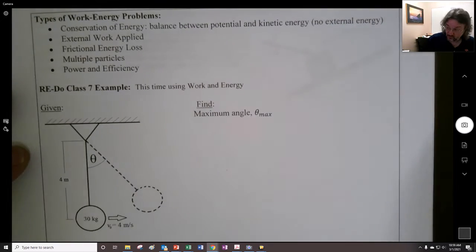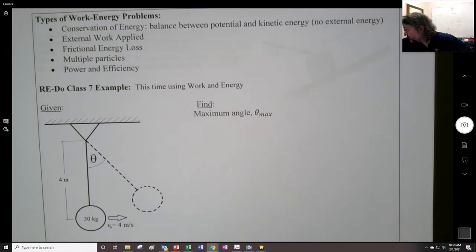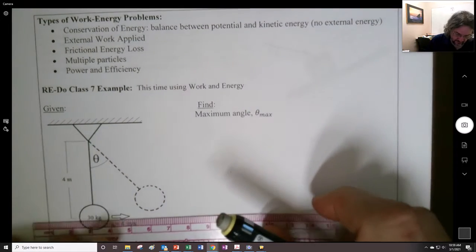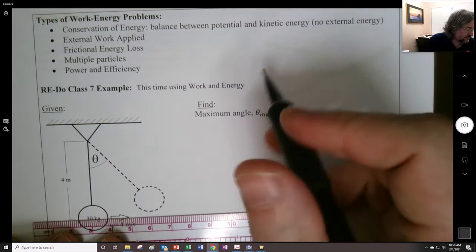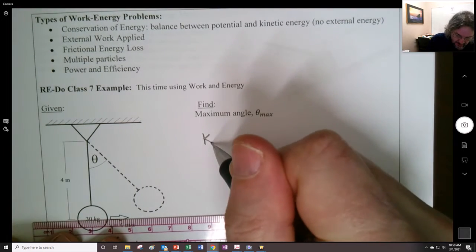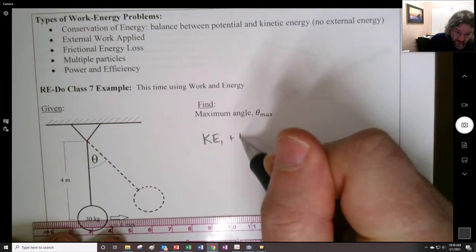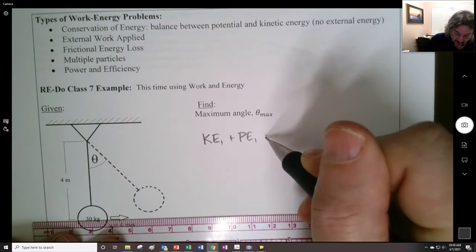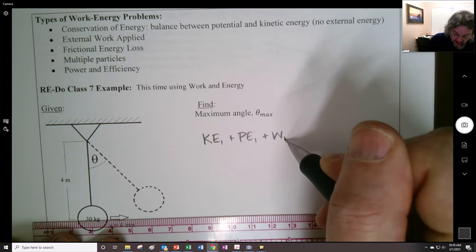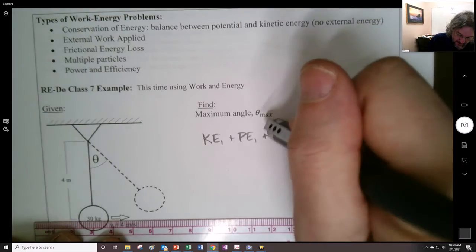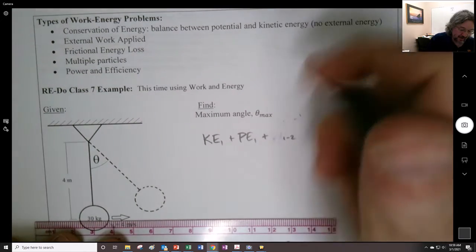So what we do is we start out, it's a good idea to create a datum. Right? And actually, one of the very first things I like to do is to write this out: KE1 plus PE1 plus W1 to 2, or maybe I want to write U. You've got to get back in the habit, right?